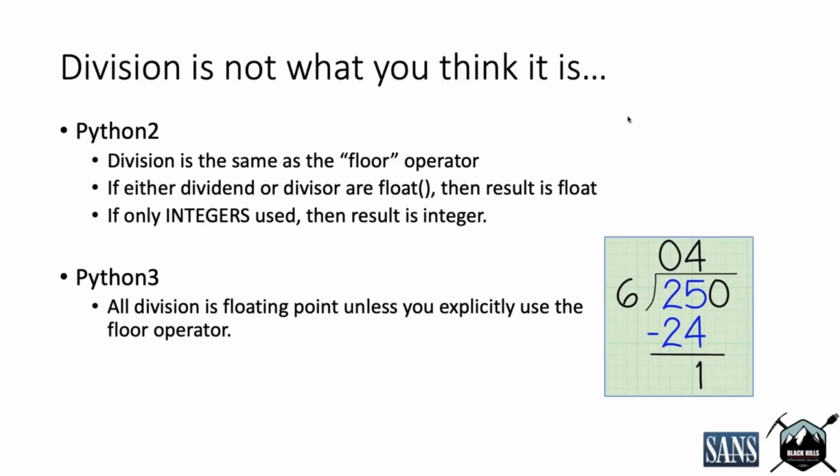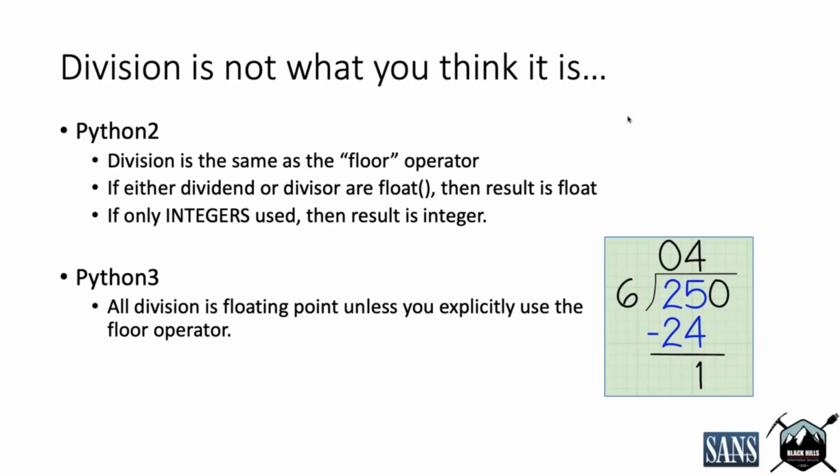Division, however, is a big deal. So when I say division, I'm talking about mathematical division. In Python 2, mathematical division is actually the same as the floor operator. In other words, mathematical division in Python 2 is the same as performing an integer division, and you will not get a floating point result.